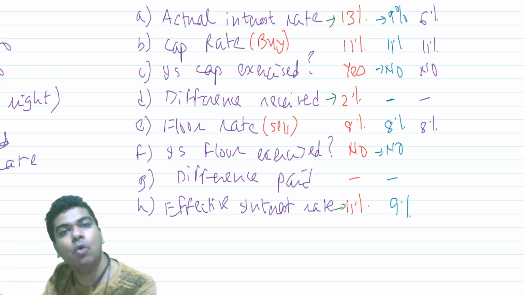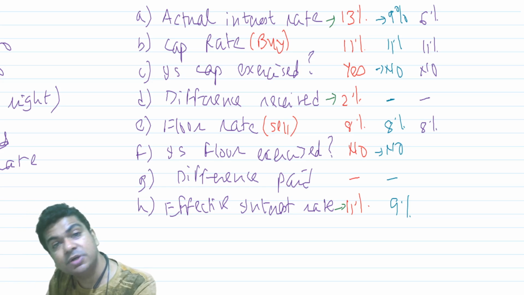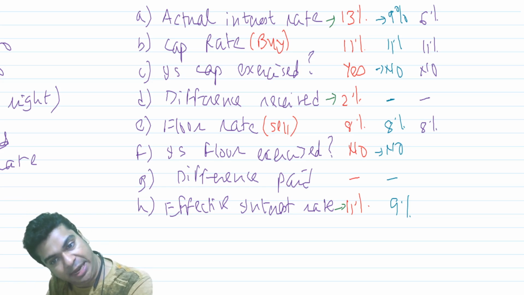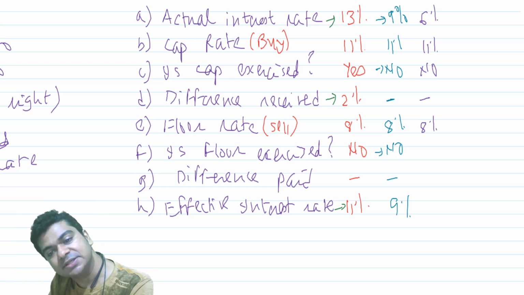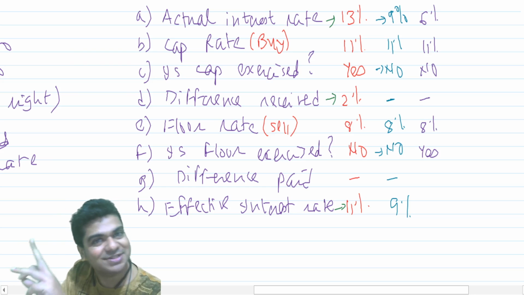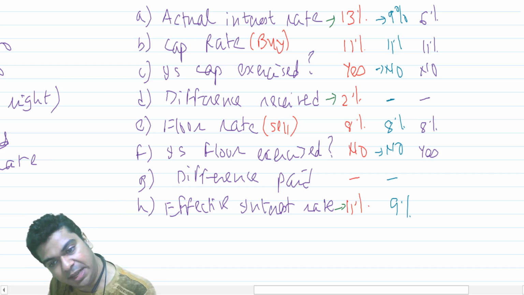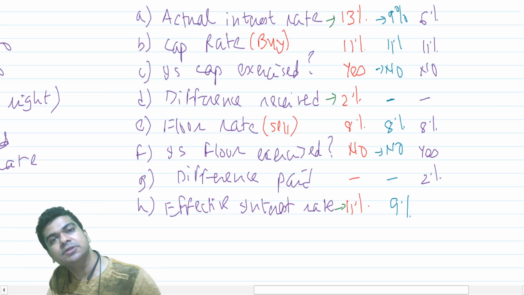But through the floor, that person can earn interest at 8%. Obviously, that person will like to earn interest at a higher rate. So is the floor exercised? Answer is yes. The floor is exercised. 8 minus 6, the difference paid is 2% by us.